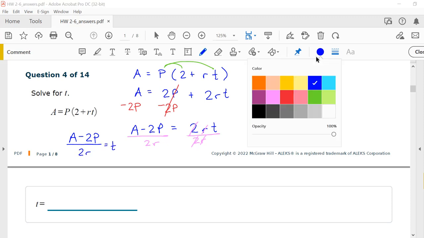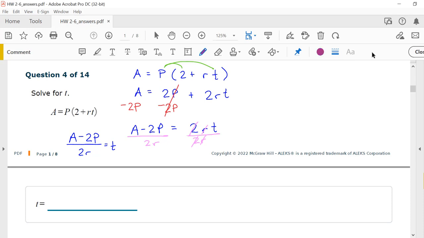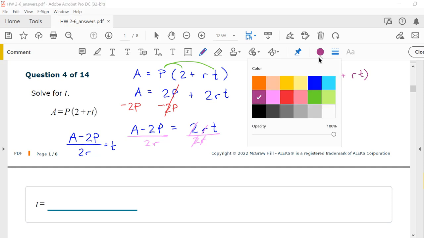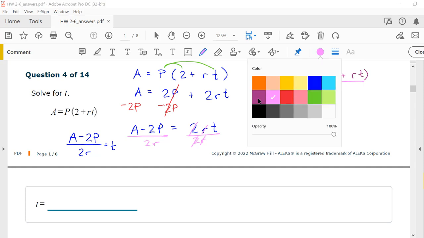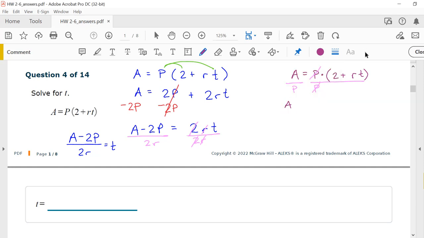Now I want to show you a different way to approach this problem. You have a equals p times 2 plus rt. Right now I'm multiplying that p. So I could divide by p on both sides before I even got started. So I would have a divided by p is equal to 2 plus rt.